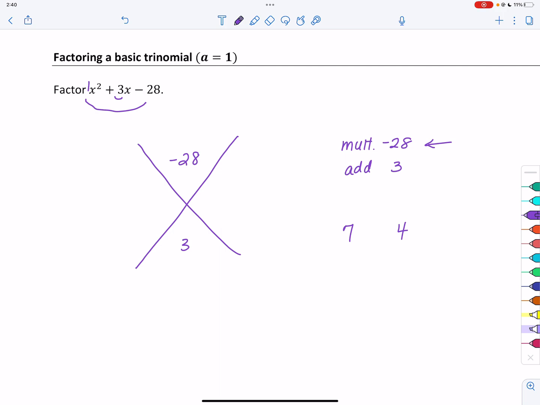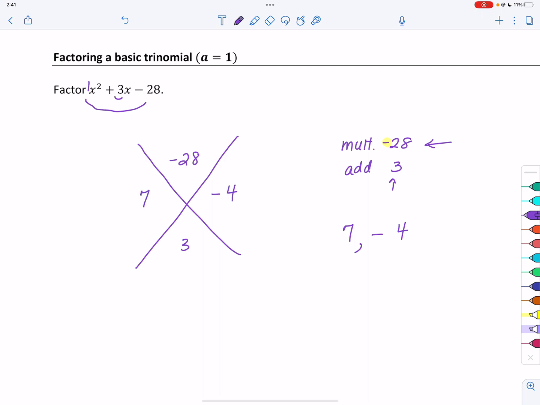Now, I don't know if it's a negative 7 or a negative 4. One has to be positive and one has to be negative, of course, to have them multiply together to get a negative. So as you can see, 7 minus 4 is equal to a 3. So we know we have a 7 and a negative 4.